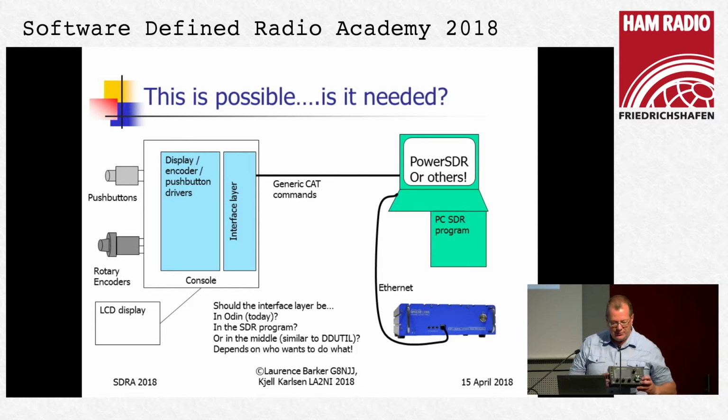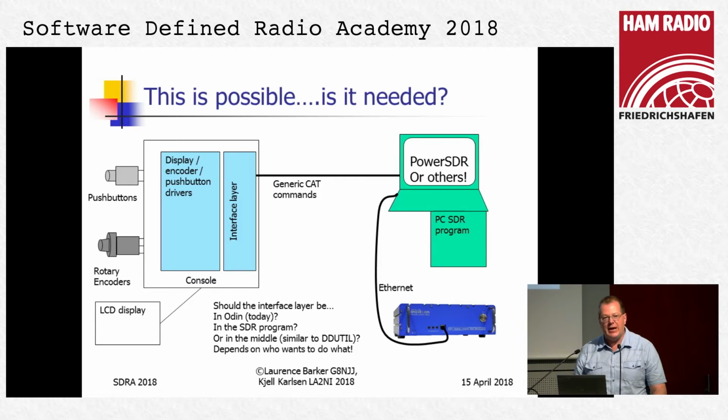At the moment, when this knob is configured to be an AF gain control, it sends CAT commands out over the serial cable that essentially says increase the volume of your radio using the command that the PC program recognizes. We could instead have sent out something that says knob 7 is being turned by 3 steps, or push button 1 is being pressed and push button 1 is being released. And that interpretation as to what that means could be done elsewhere.